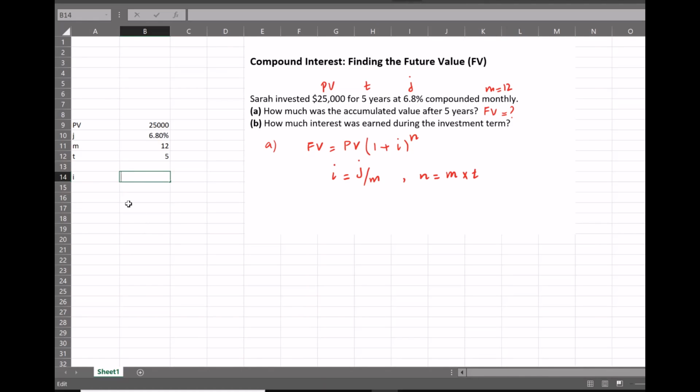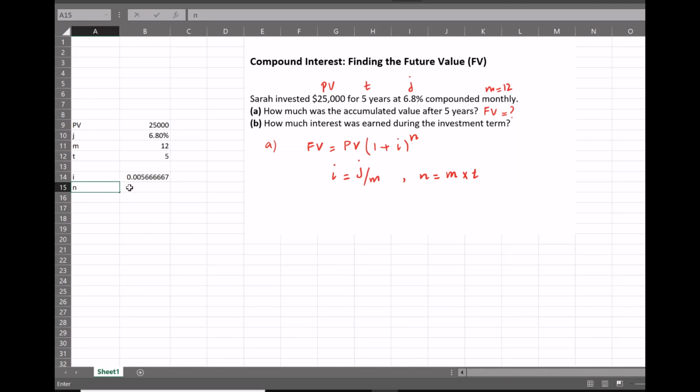Because we are going to use the division function and the values in other cells, we need to use the equal sign here. Now we click on J and then use a slash for division, and then we can either click on 12 here, or you can just type in B11, okay? And that's it. You press enter and that's your periodic interest rate.